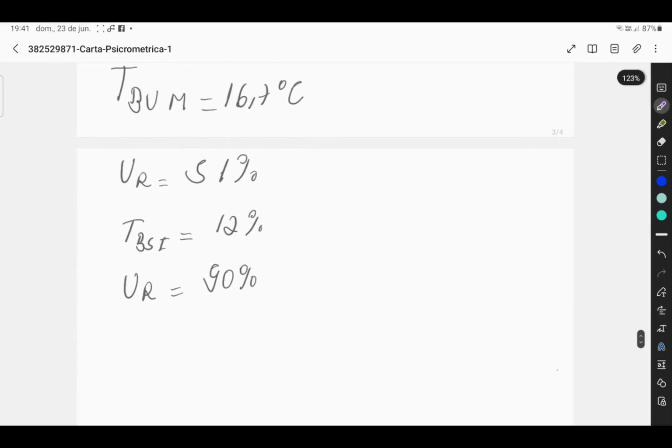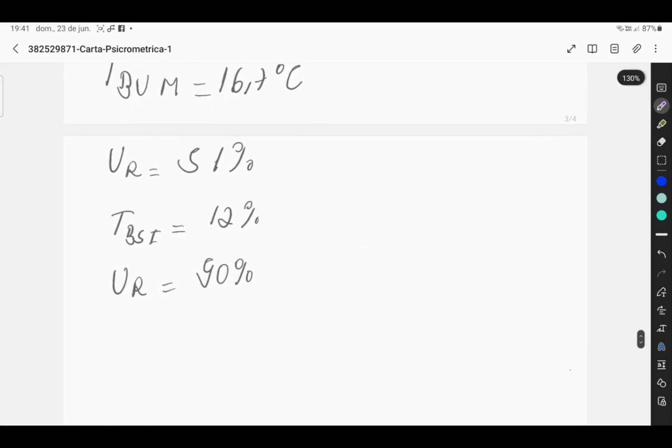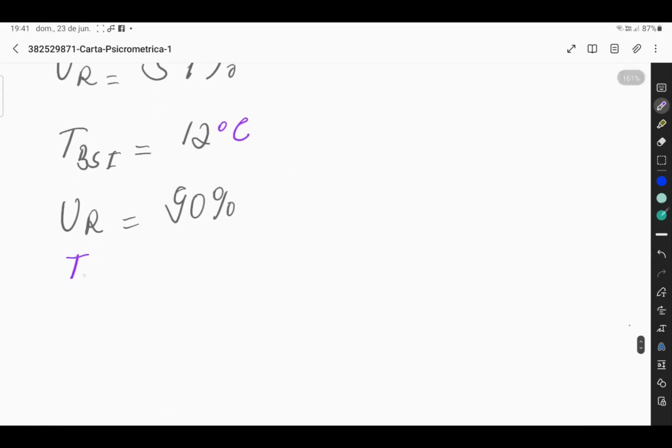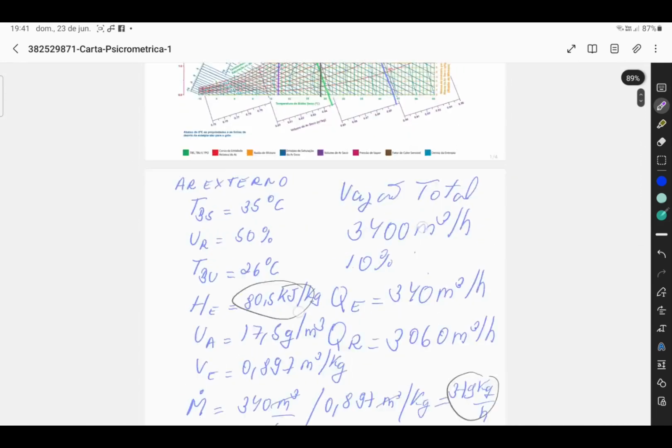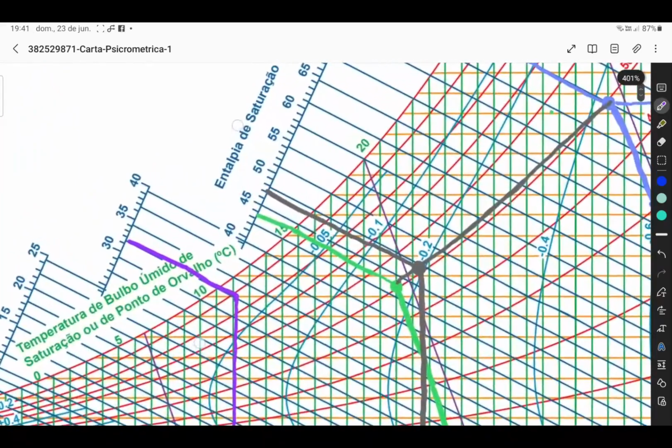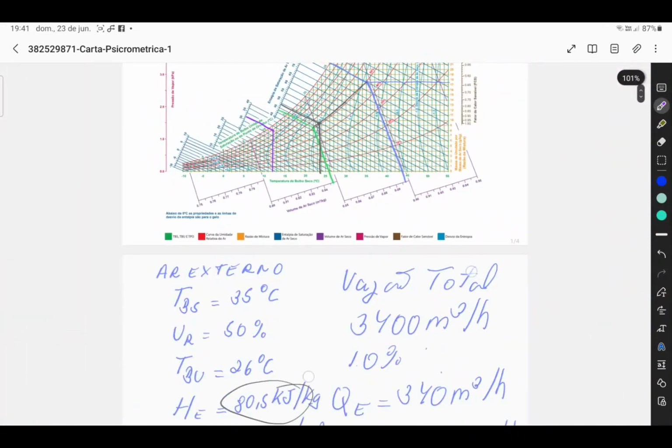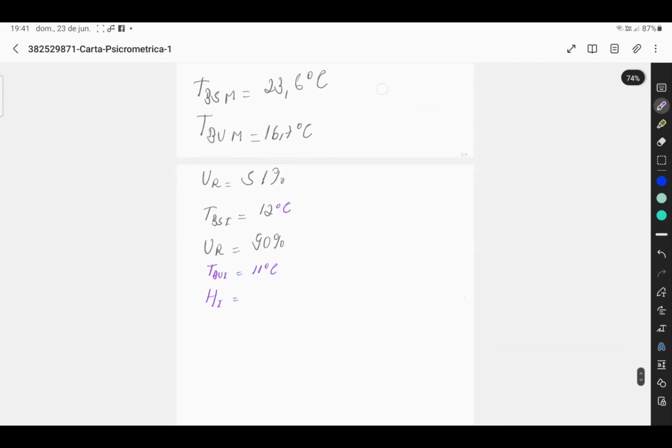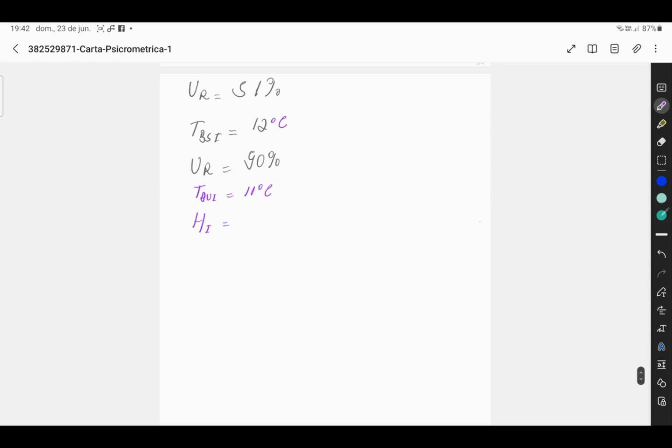So my supply air, which is at 12 degrees Celsius, with a relative humidity of 90%, will have a wet bulb temperature and an enthalpy of around 31.5 kilojoules per kilogram.